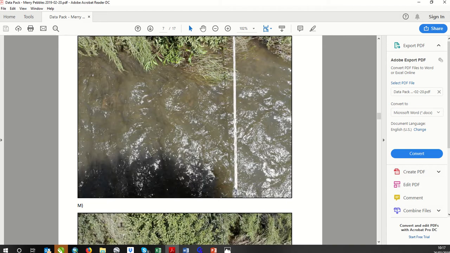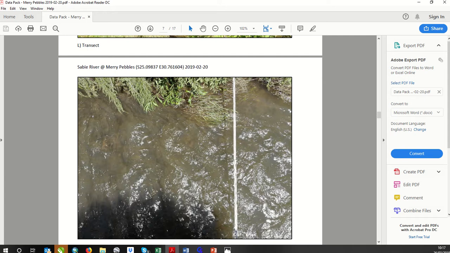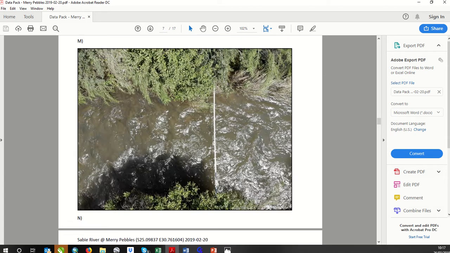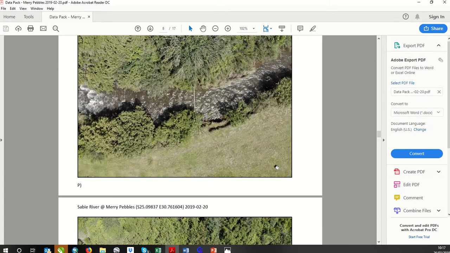Okay, so back to our photographs. Consider as well that this assessment was done in February, so these flows should be quite high compared to other times of the year. Okay, and you can see that the river, based on the photographs, at the sites is dominated by high velocities.